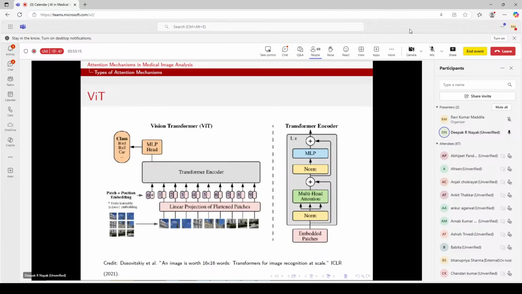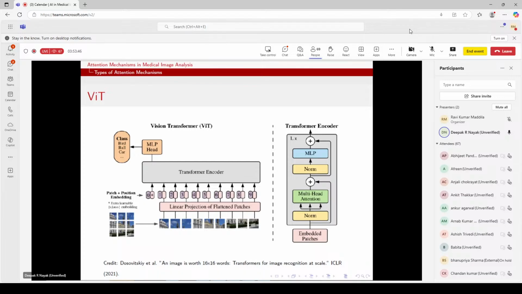Maybe some of the other speakers have already talked about vision transformers or the importance of the transformer model. Transformer, as I mentioned, is one of the recent deep learning architectures, and has attracted a lot of attention from researchers in the last 3-4 years because of its ability to capture long-range dependencies, so basically to capture global information from the images.